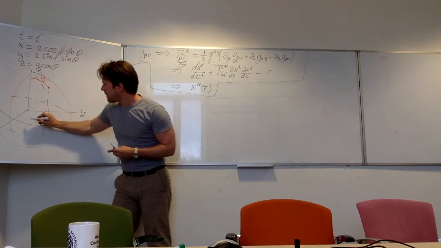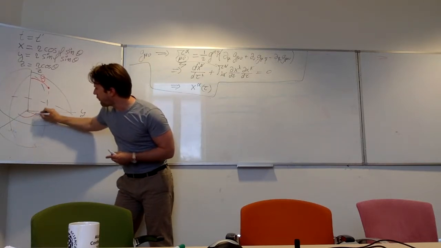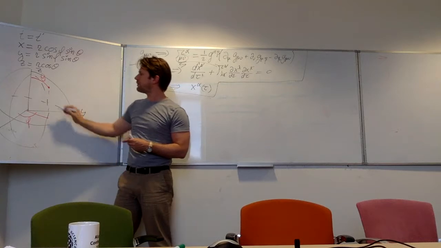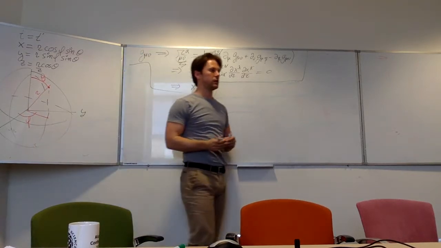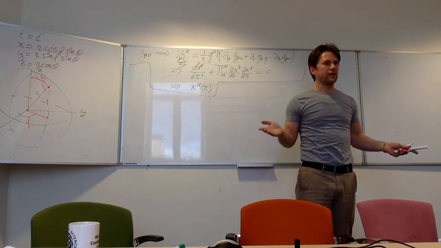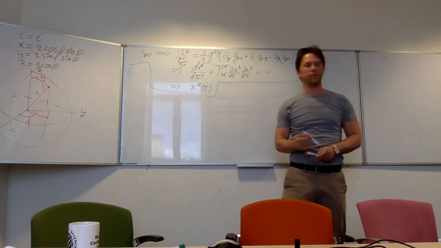Suppose that it is here. It's at an angle phi from the x-axis, and from the origin it is r meters in that direction. It's just another way of writing positions in an uncurved space-time.